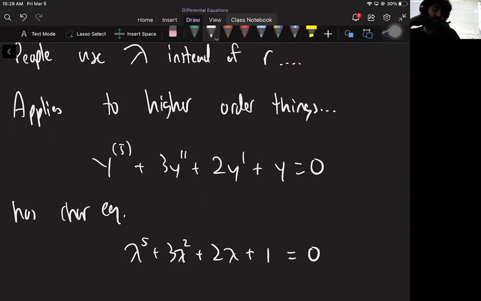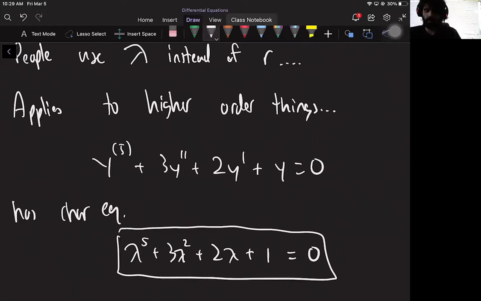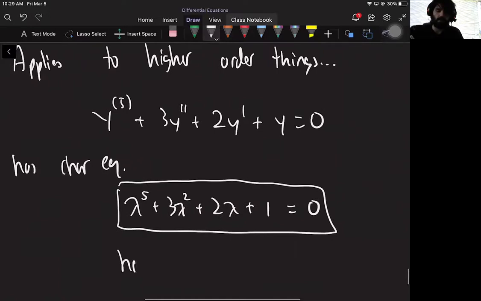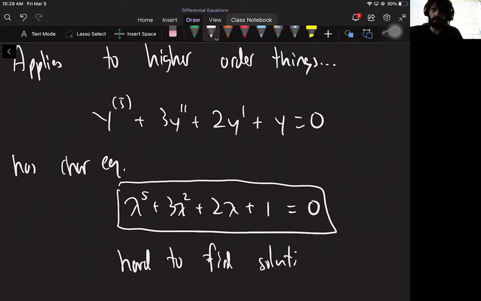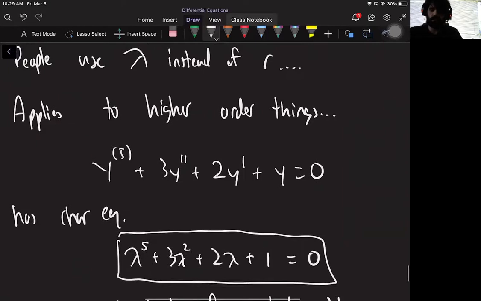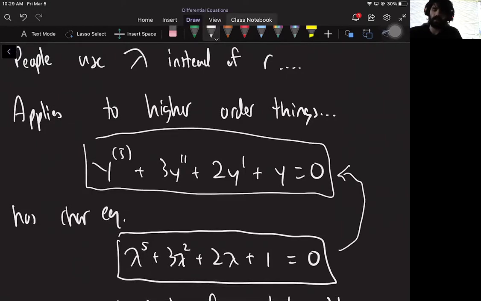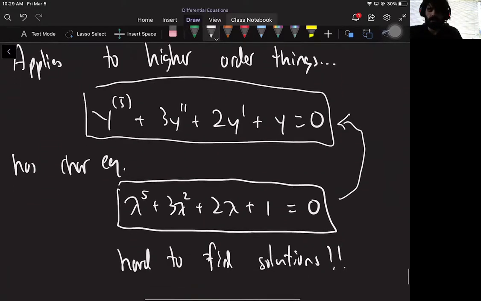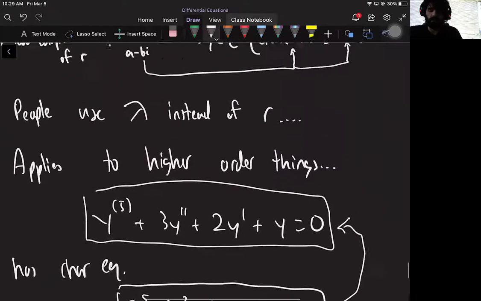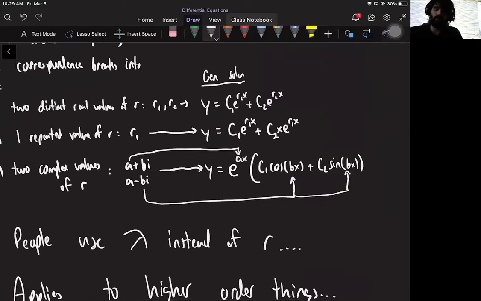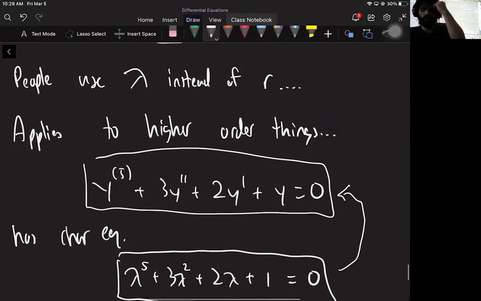The problem is that these are much harder to factor or use the quadratic formula on. Once you raise the degree, it's much harder to find the roots. Sometimes it's impossible without help. That means solving this is also very hard, because I can't do the algebra part of it. So that's why we typically stick to degree 2, but the same rules apply for the higher ones.